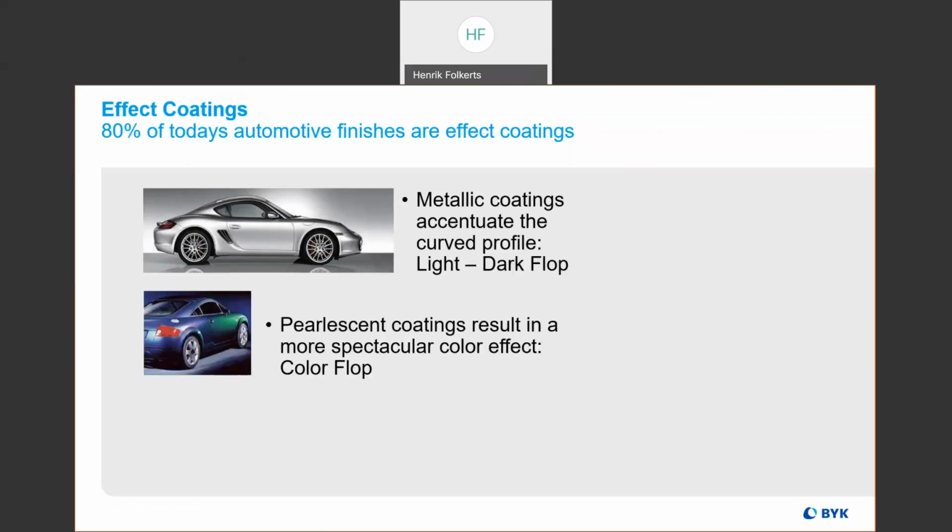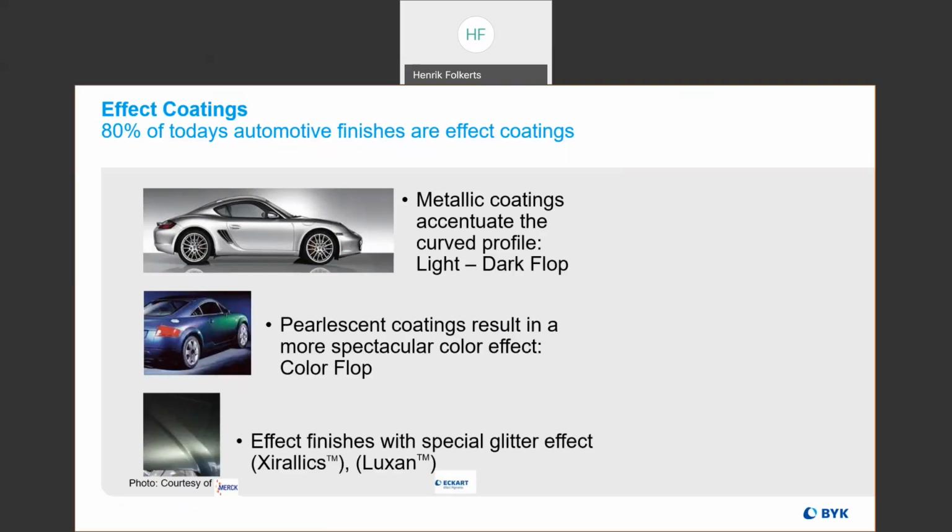As much as 80% or more of today's automotive finishes are effect coatings, and these include things like metallic flake that cause lightness differences depending on observation angle, pearlescent coatings or interference pigments that cause a color change depending on the viewing angle, and then you have other pigments like ceralics and luxan that cause this special glitter effect.